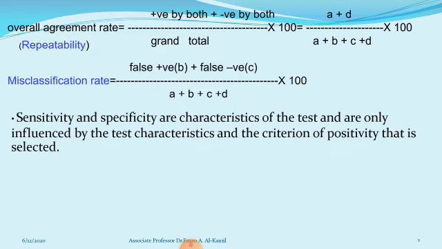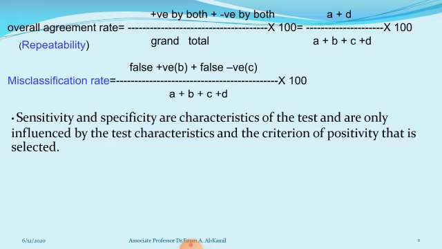So the overall agreement rate, or repeatability as some books mention, is the true positive plus the true negative, or positive by both, A, and negative by both, D, divided by the grand total, multiplied by 100. So A plus D divided by A plus B plus C plus D, multiplied by 100.